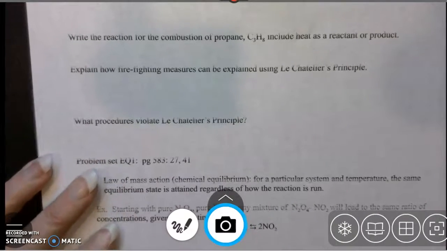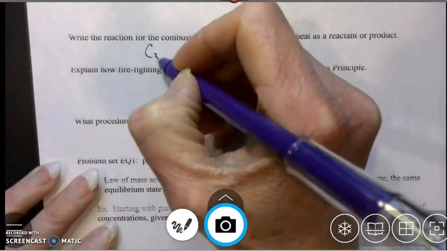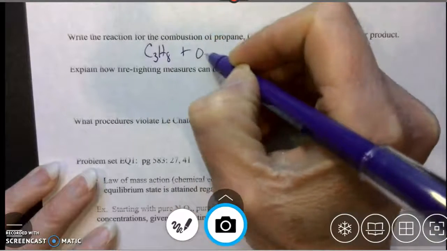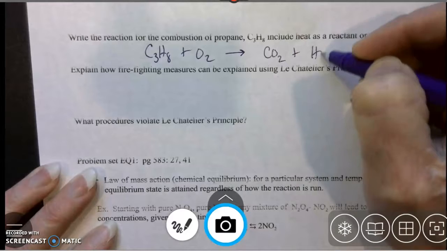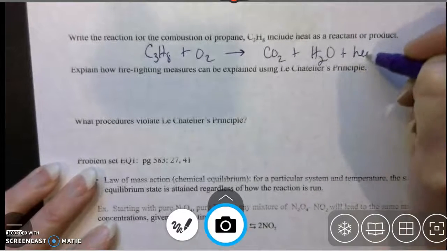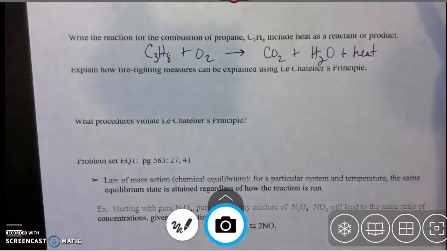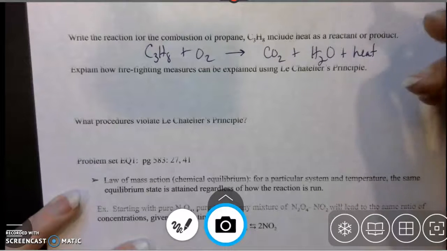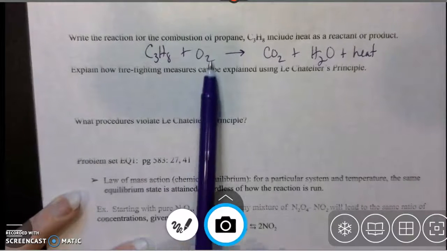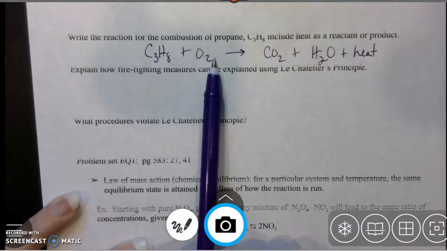So, combustion of propane. This is a specific hydrocarbon, so C3H8 plus O2. Again, you should be able to predict carbon dioxide and water as the products of a reaction, and things we burn give off heat. So if we go back to our firefighting measures, if we smother it, we're removing oxygen.